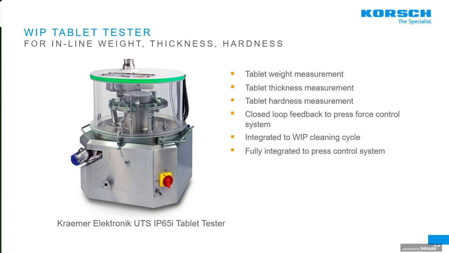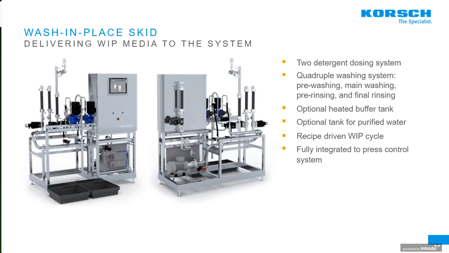The average weight is compared to a target weight, and there's closed loop feedback to the press force control system so that the machine is essentially regulating itself. There are also optional feedback loops around tablet thickness and tablet hardness. That system is, again, wash in place and is integrated to the WIP recipe and part of the WIP sequence.